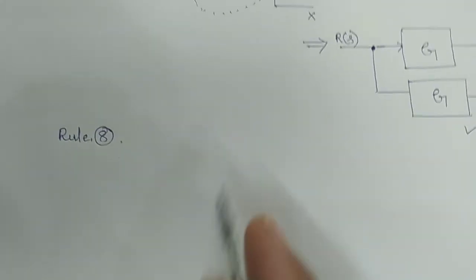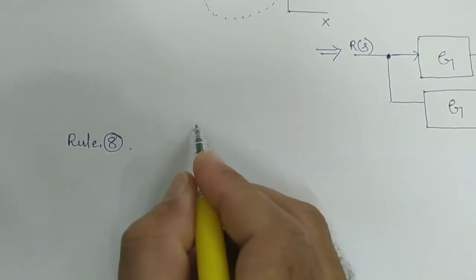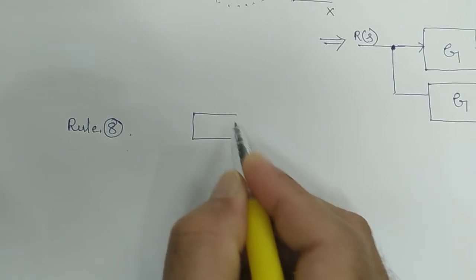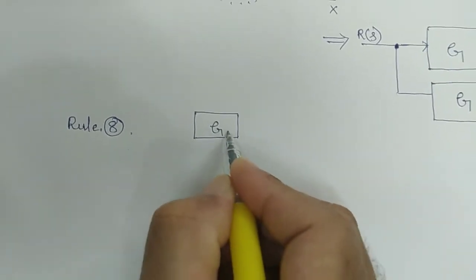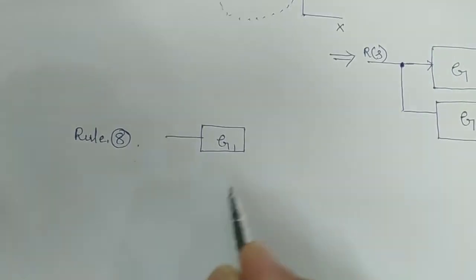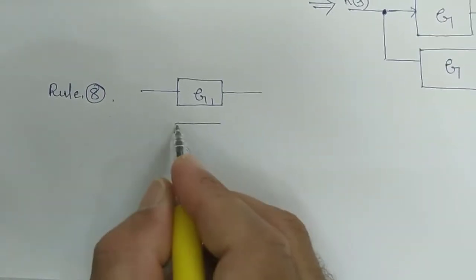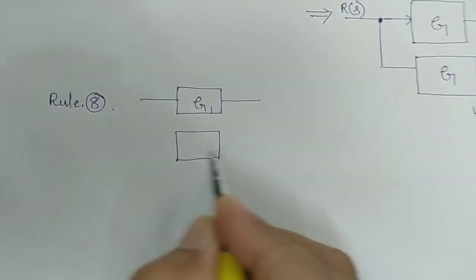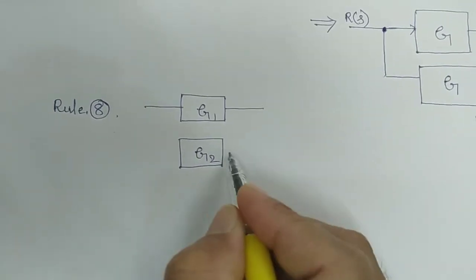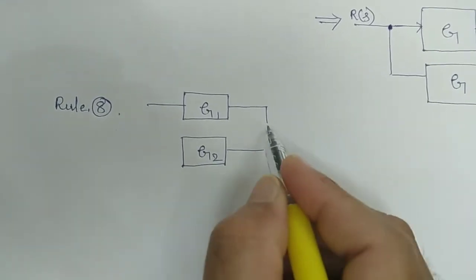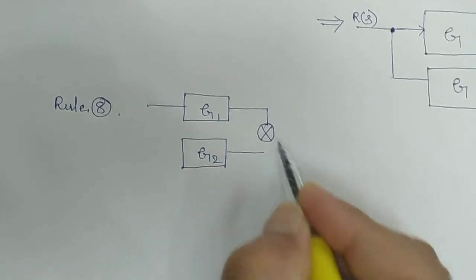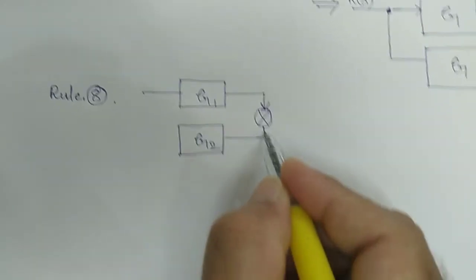Adding of multiple blocks means that if you have, let us say, this is G1, and you have another block, some G2, these two are added here.